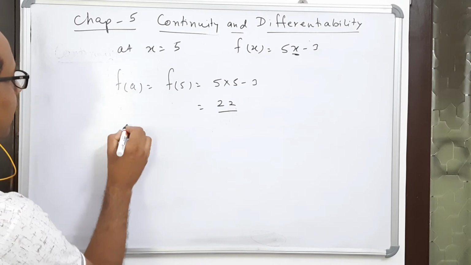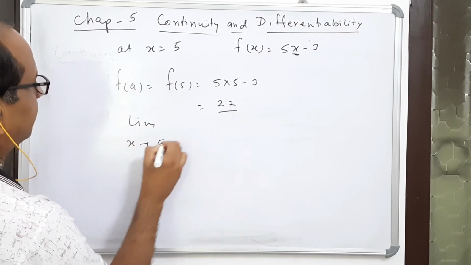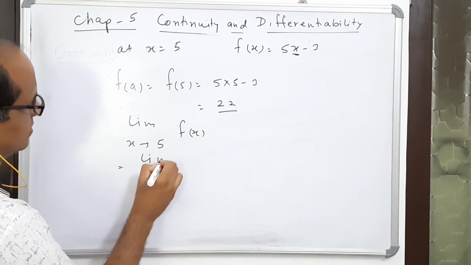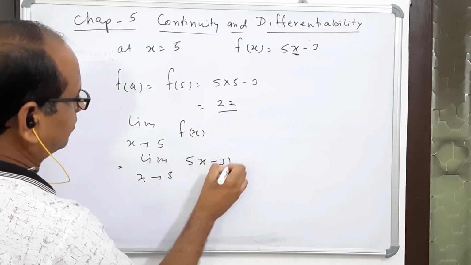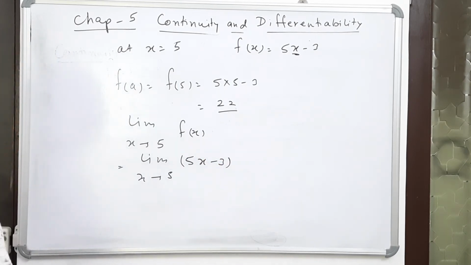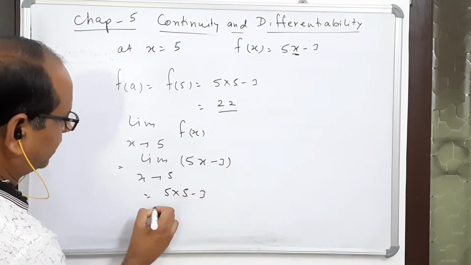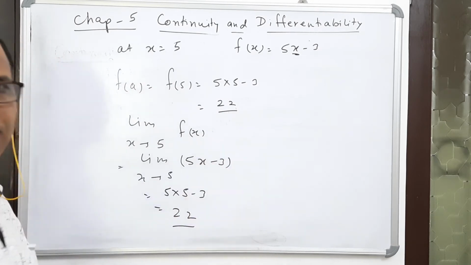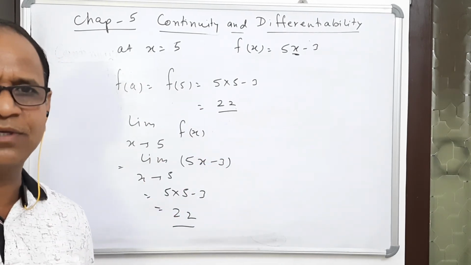Now we calculate the limit as x tends to 5 of f(x). That is the first step. The second step is the limit as x tends to 5 of f(x), which is 5x minus 3. So now it is 5 into 5 minus 3. So the answer is 22. So again these two are equal. So we can say that the function is continuous.